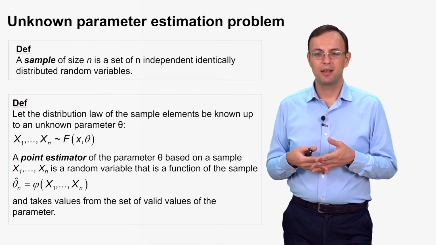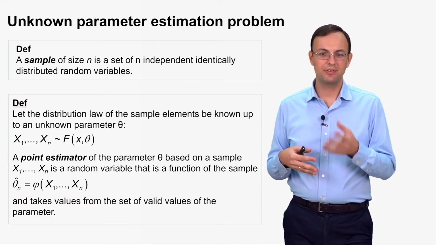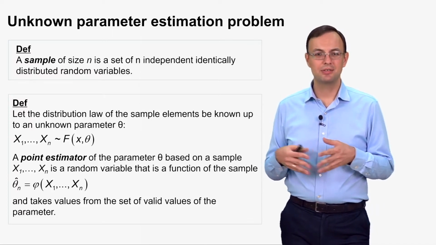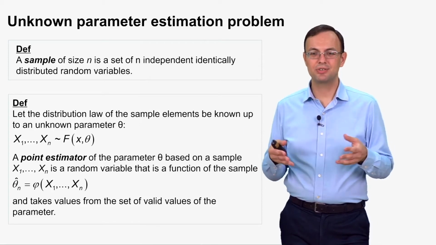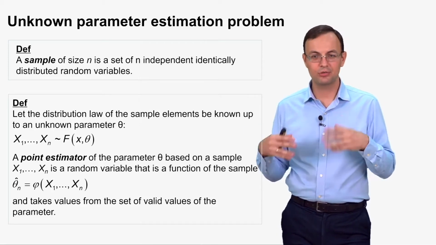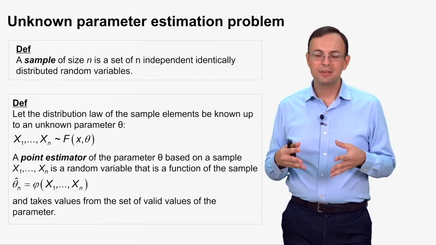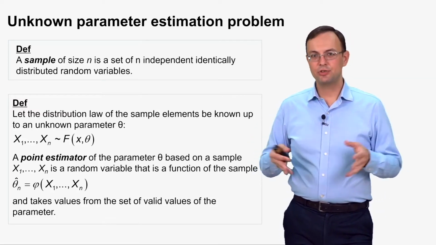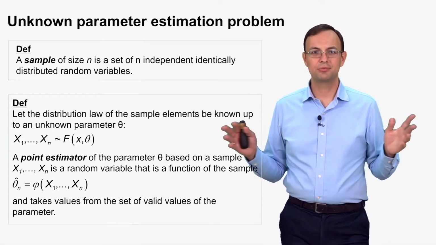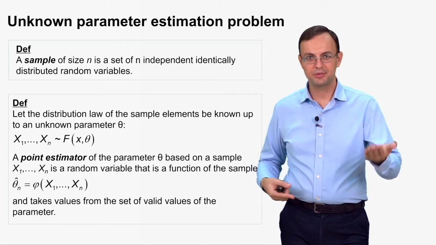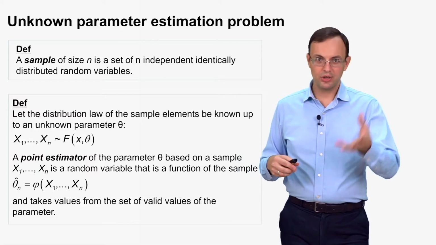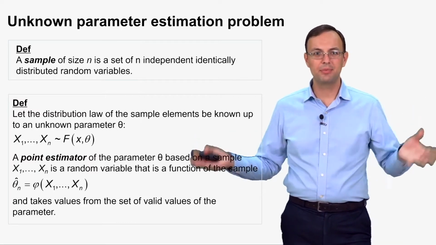So according to this definition, some very stupid estimators can be called estimators. For example, let's imagine that you have measured the length of your table 100 times, and you have these 100 numbers written down on a sheet of paper, but you don't know mathematical statistics.